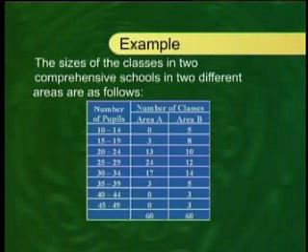On the contrary, in area B, the situation is quite different, and we have 5 classes in the school whose class size is only 10 to 14, and on the other end of the table, we have 3 classes with class size 45 to 49 and 3 classes with class size 40 to 44.